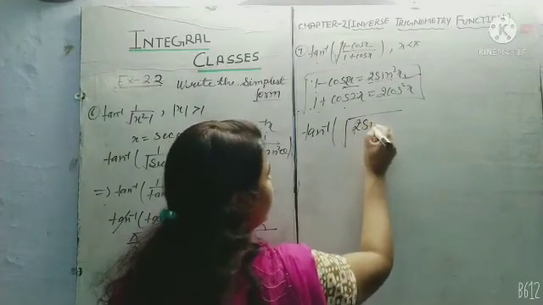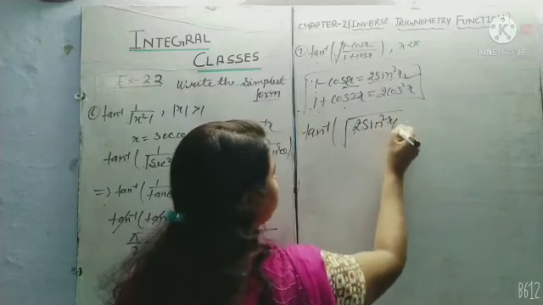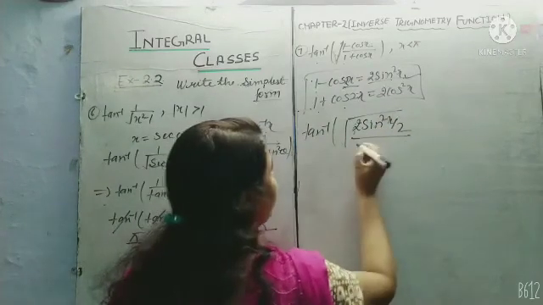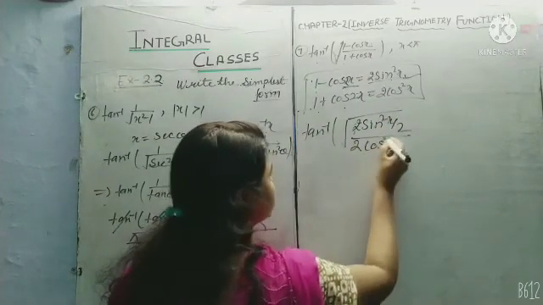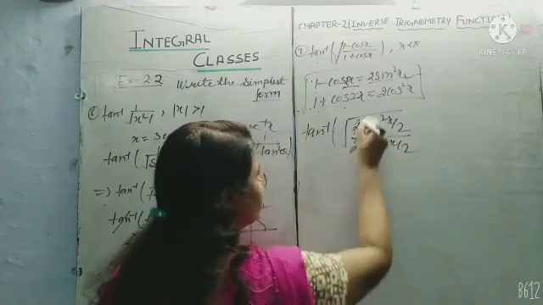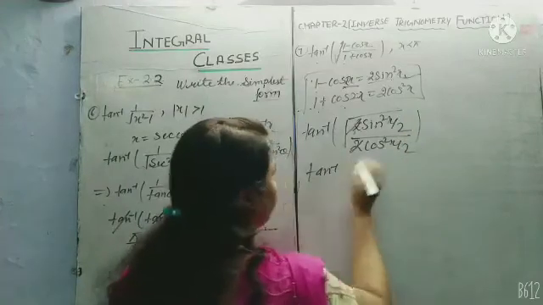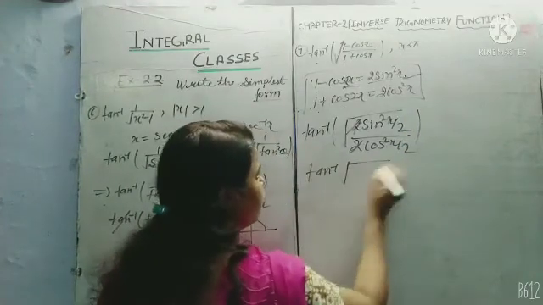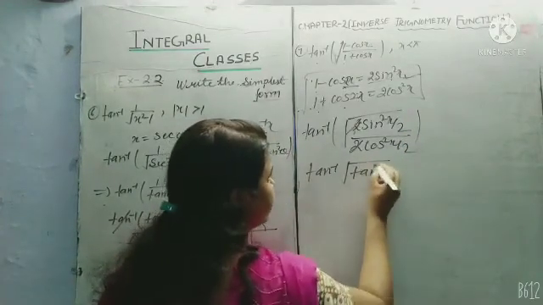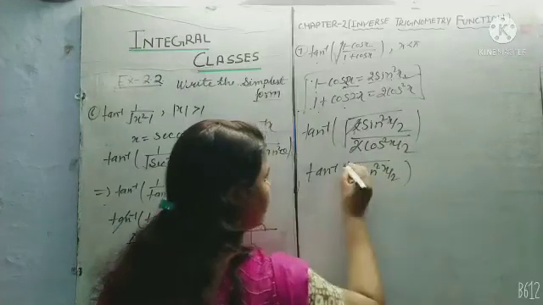So we get tan inverse root of 2 sin square x by 2 upon 2 cos square x by 2. The 2 is cancelled, so tan inverse root of tan square x by 2.